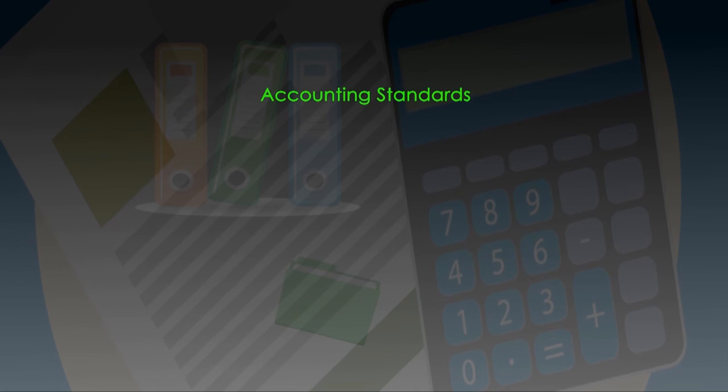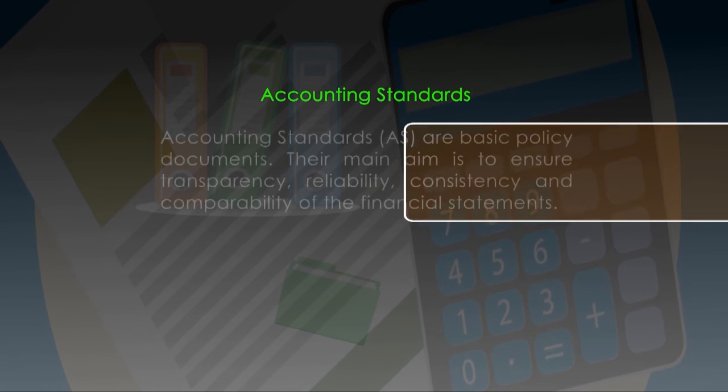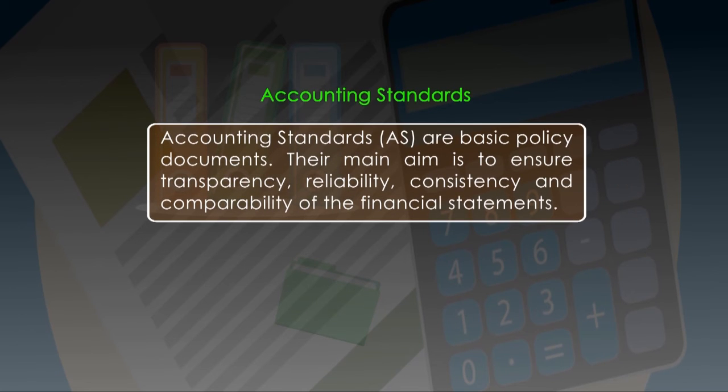Now we have accounting standards. Accounting standards are basic policy documents. Their main aim is to ensure transparency, reliability, consistency, and comparability of the financial statements. They do so by standardizing accounting policies and principles of a nation or economy.